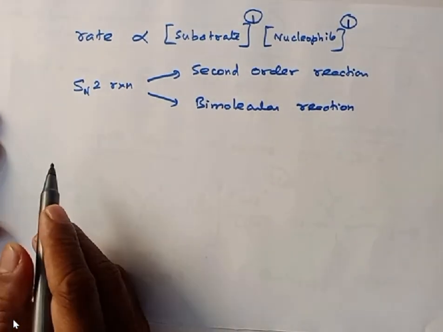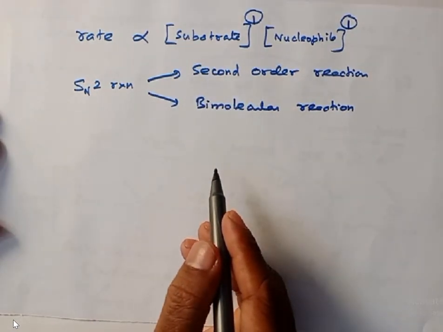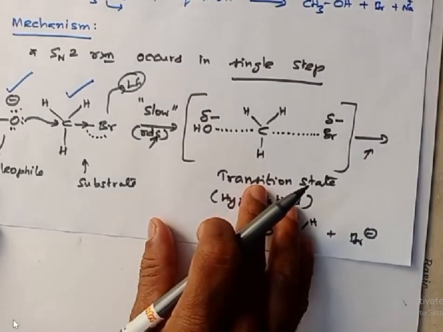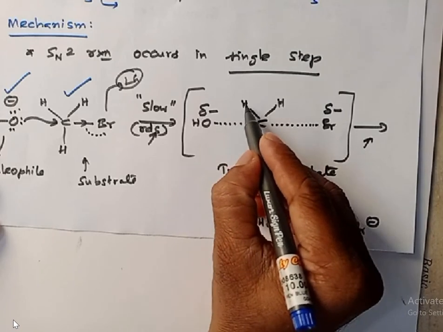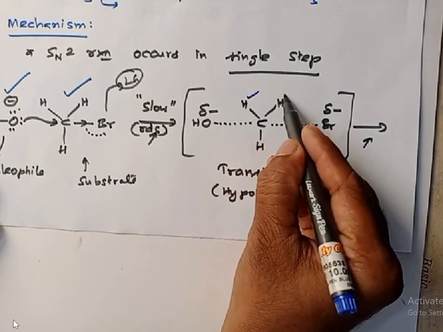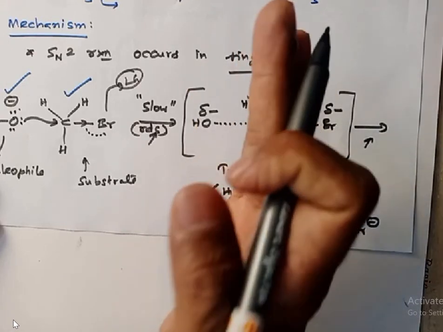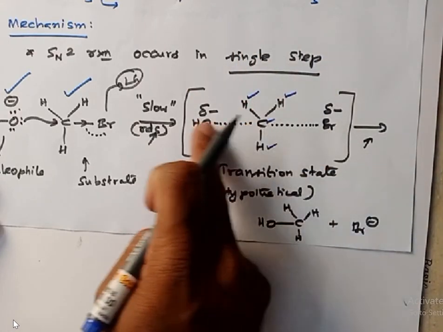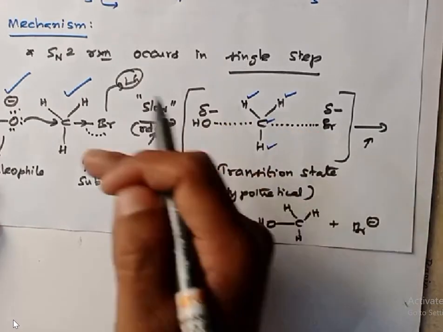Now, we'll discuss the factors affecting the SN2 reaction. Before going to that, students, here in the transition state, these four atoms, that is this hydrogen, this hydrogen, this hydrogen and the carbon, are present in one plane, and these dotted bonds are perpendicular to that plane.